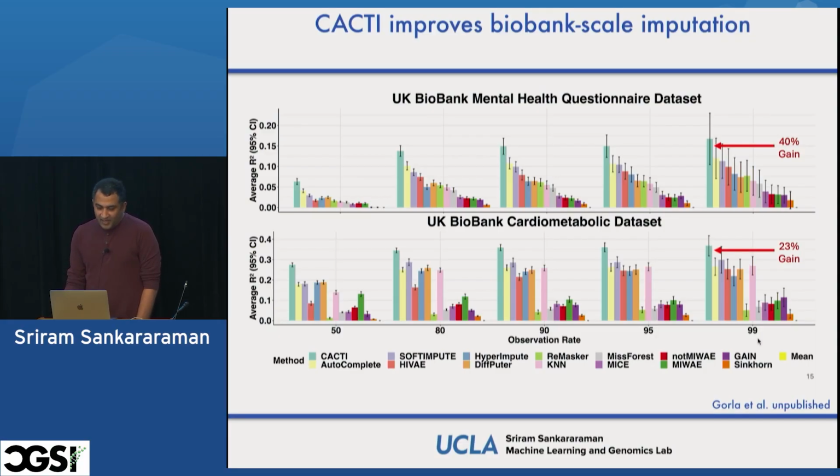For example, in the ML datasets, the original datasets are completely observed, and then there is additional missingness that is added onto them. Whereas in these biobank datasets, there is already substantial missingness, a lot of structured missingness, and over and above that, we are adding missingness for these assessments. So it's actually quite interesting that there is this gap between performances that we observe on the ML versus these biobank scale datasets.